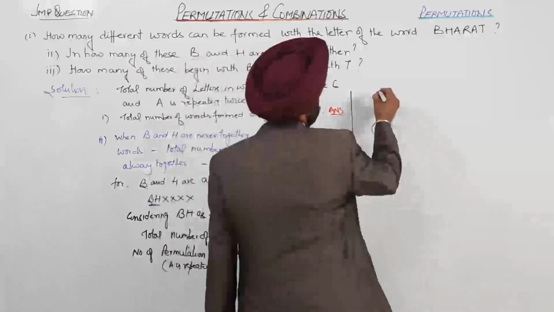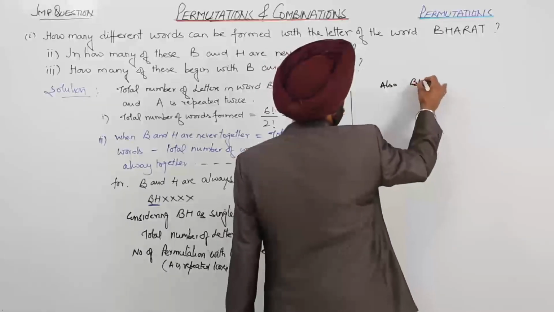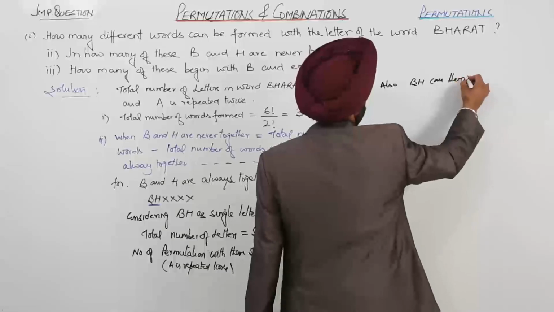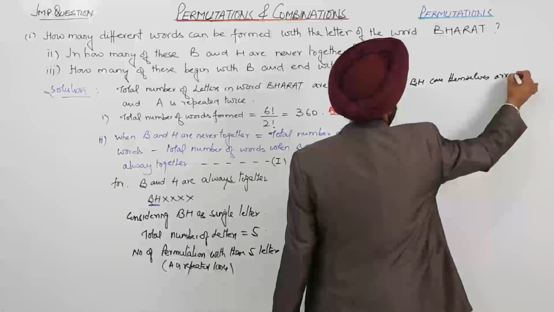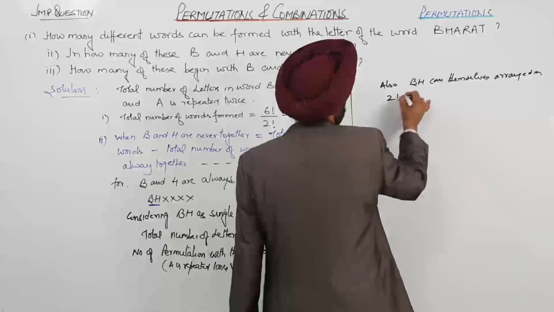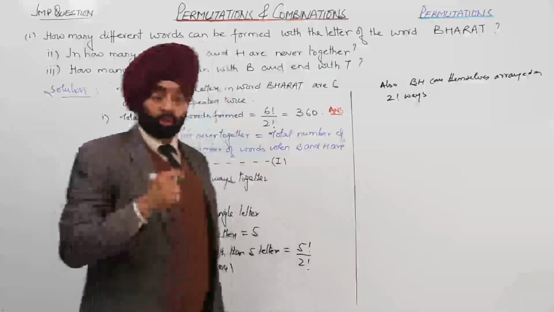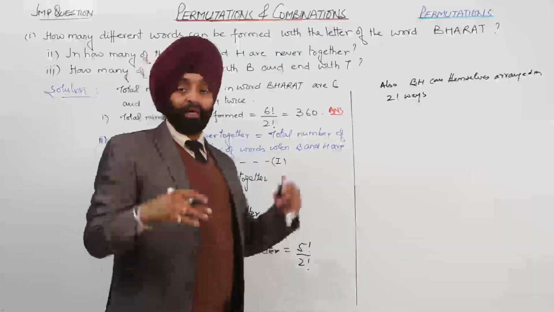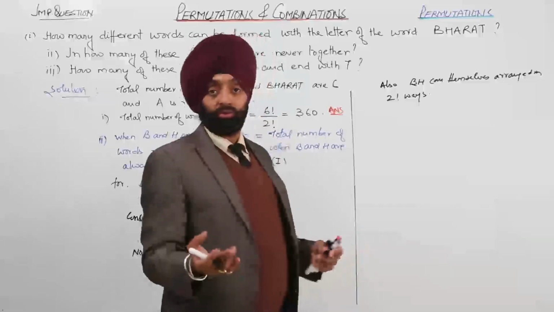Now also, BH can themselves be arranged in 2 factorial ways, because when BH are always together, suppose all the letters start with B, suppose there are 10 letters, then 10 can start with H also, so total is 20.